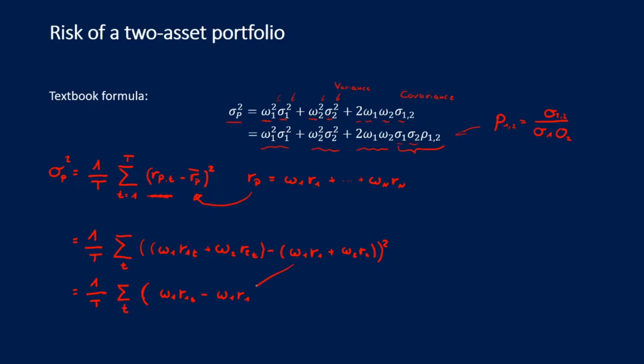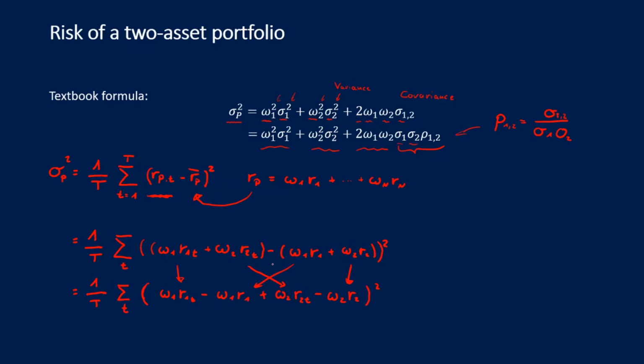So I take this, put it here, I take this, put it here, plus W2 R2t minus W2 R2. And I close the bracket and I square it. So this one is here and that one goes over there. Why is this one with the minus? Because we have the minus in front of the bracket.